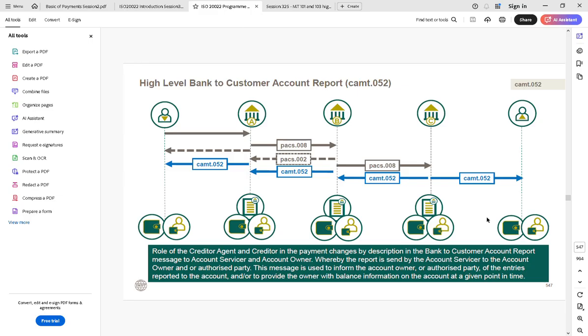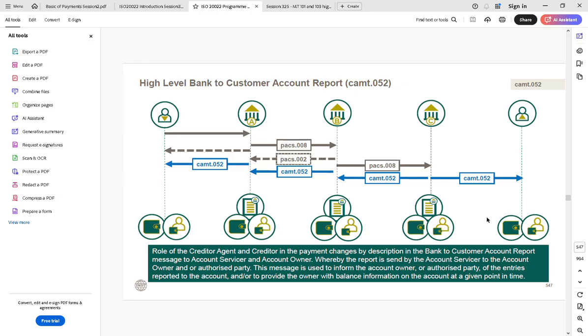The high level customer account report statement looks like below. Before moving to the above diagram, I would like to read the message first. The role of a creditor agent and creditor, creditor meaning the last one, C, and after that.